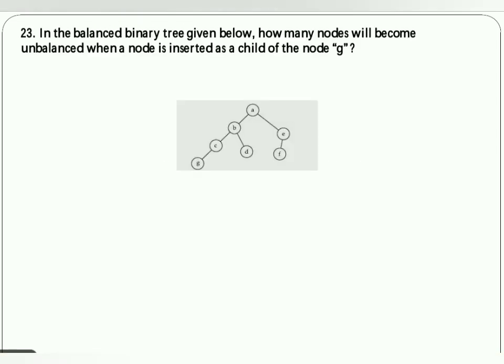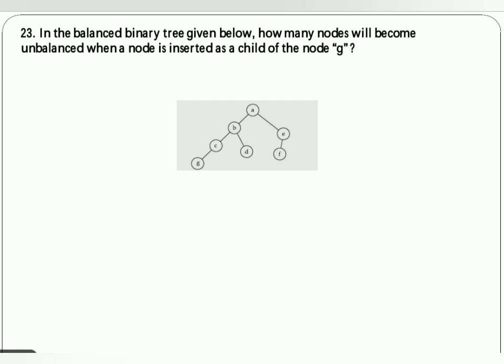In the balanced binary tree given below, how many nodes will become unbalanced when a node is inserted as a child of the node G? We know that to find the balancing factor of a binary tree, we subtract the height of the right node from the height of the left node.